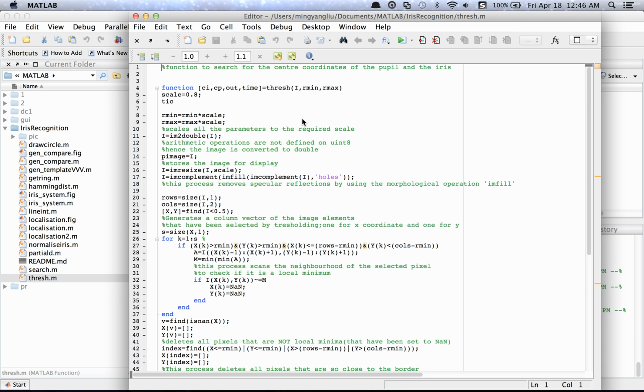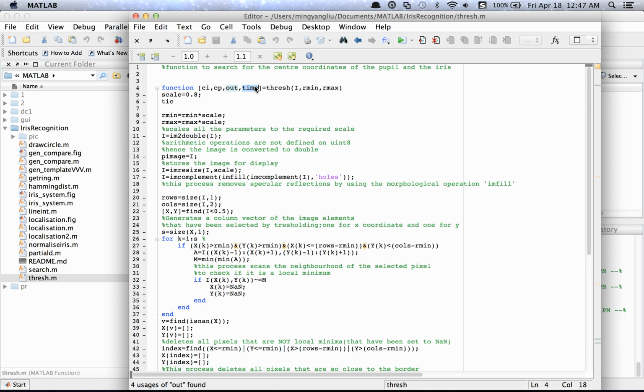Then you can see the input parameters include the image, the min radius and max radius, which determine the range, and then the output includes the central coordinate of iris, the central coordinate of pupils, and the output segmented image. Pay attention here.